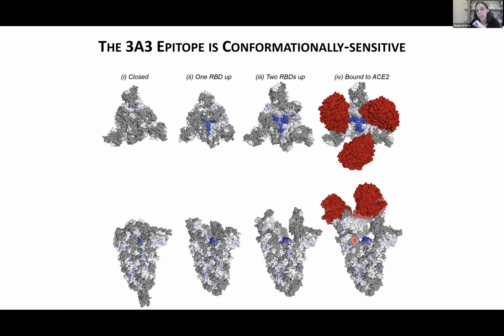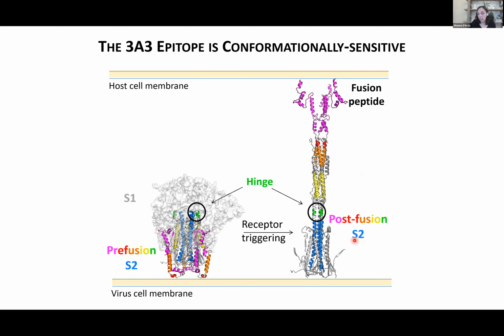So if we put this in the context of this conformational change of this S2 domain, we start with the S1 and S2 as a single protein. It's the S1 that's going to interact with the ACE2 receptor, leading to the cleavage of S1 from S2.